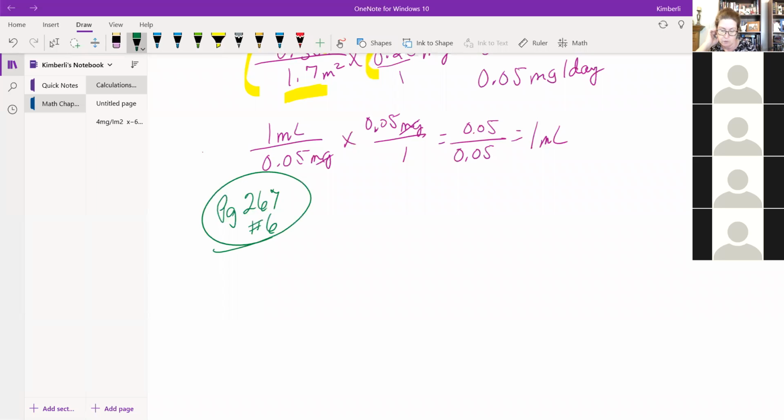A child who weighs 20 kilograms and is 114 centimeters tall, so that's about 44 pounds, right? And has a BSA of 0.8 square meters, has an order for Demerol. Demerol is meperidine, by mouth, every 6 hours, PRN, severe pain.